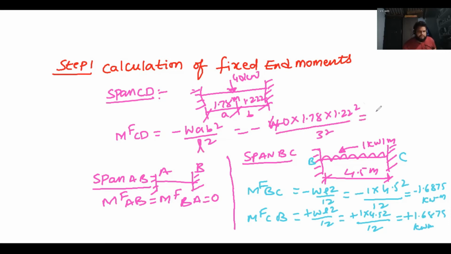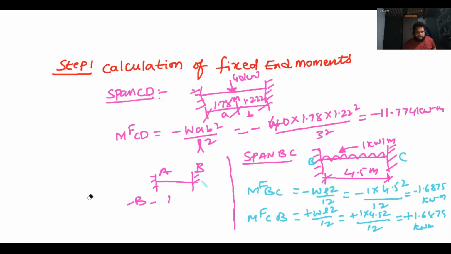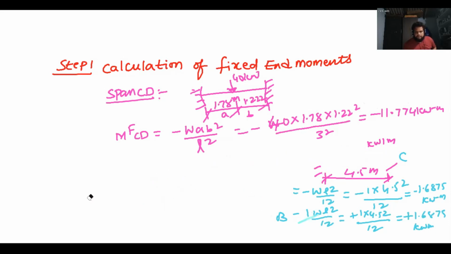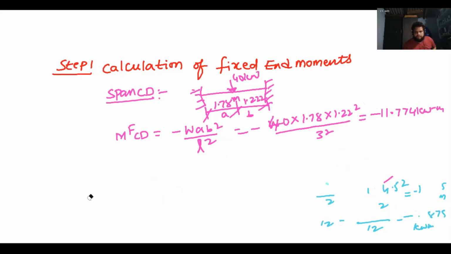So this gives minus 11.774 kilonewton meter. Now I am erasing this span BC. I'm erasing everything, so we should have some space to solve this.